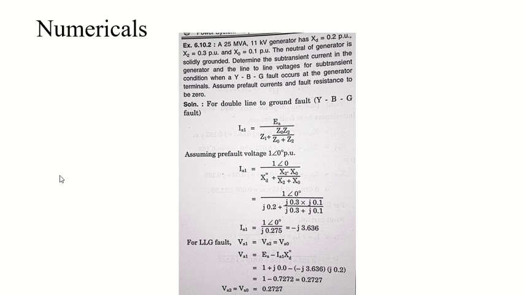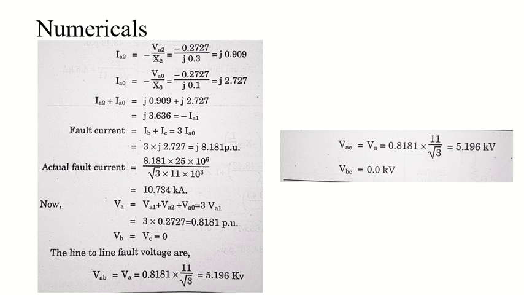Now that you have values of all three of them, you can calculate the current based on this. You have all three symmetrical component voltages, so you have to find the symmetrical current components, right?